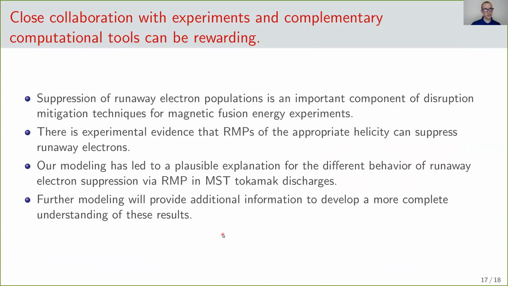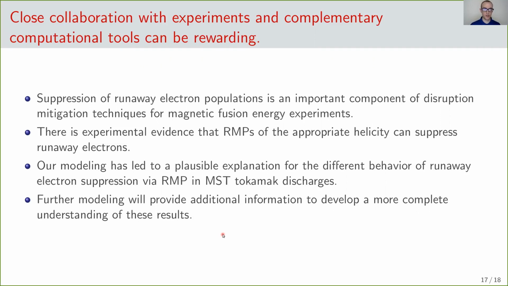So in summary, these runaway electrons need to be suppressed in order to mitigate the effect of them in disruptions, and there's experimental evidence that the appropriate helicity of RMPs can be used to suppress runaway electrons.